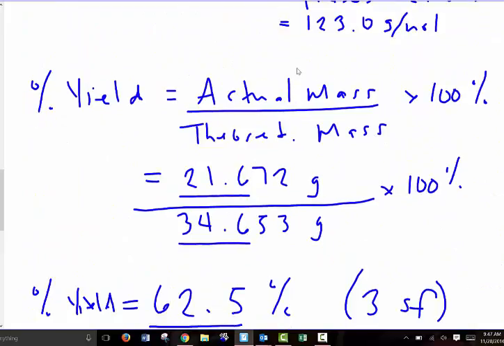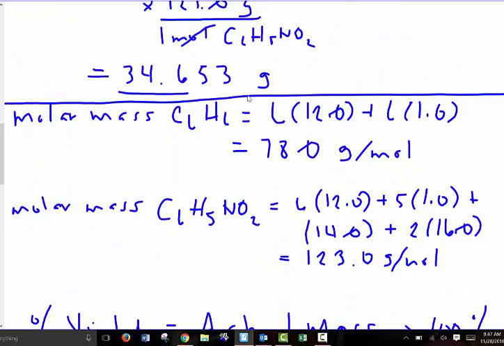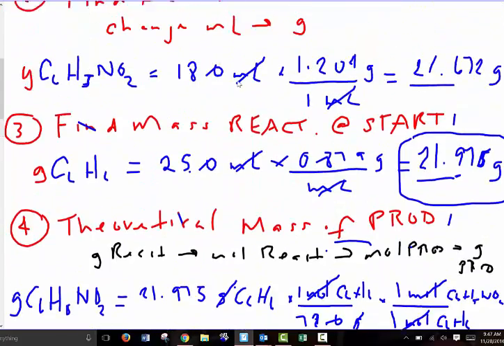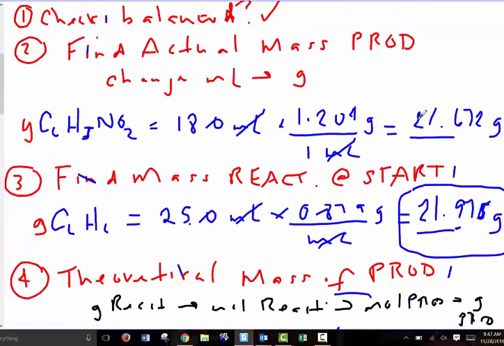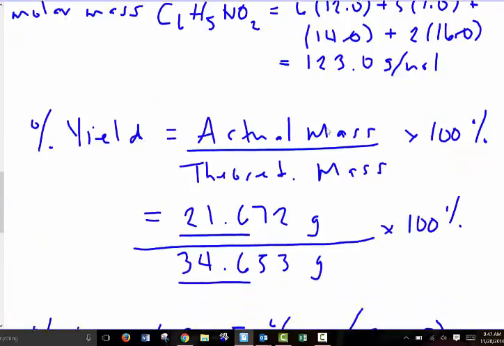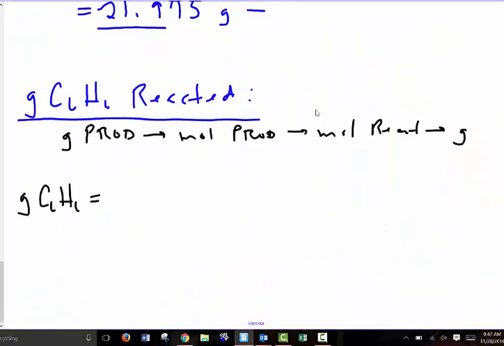So 21.672 grams of my product, and I'm going to be thorough and put the name of the product in here. Again, this is just to help you keep track. You don't have to put the formulas into your calculations if you don't want to.